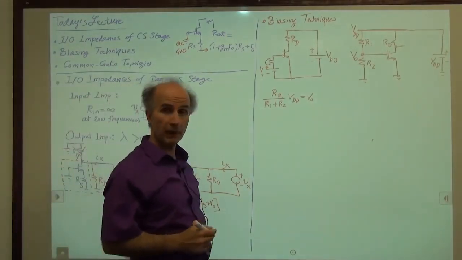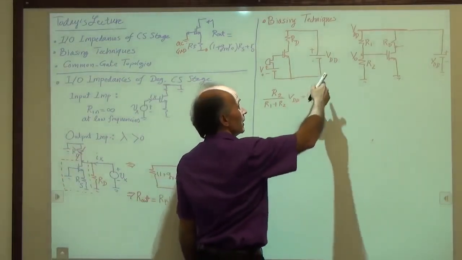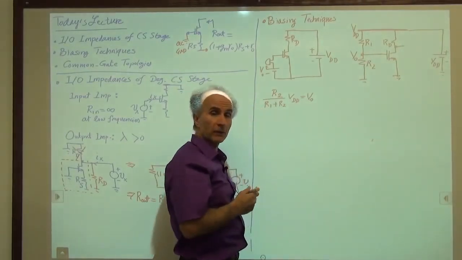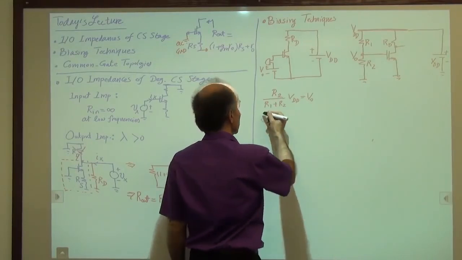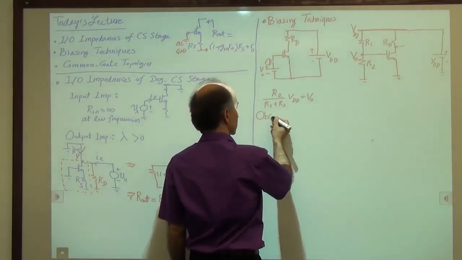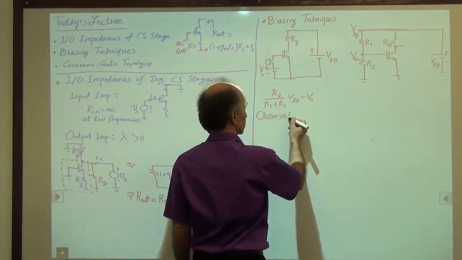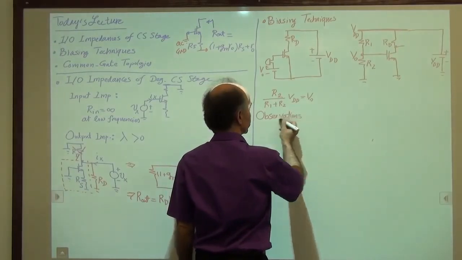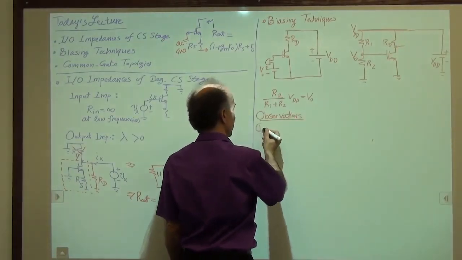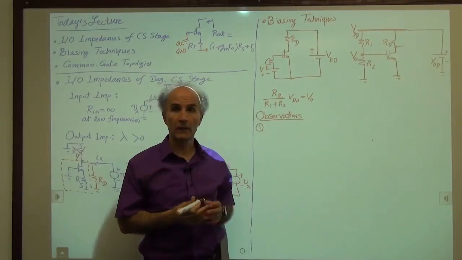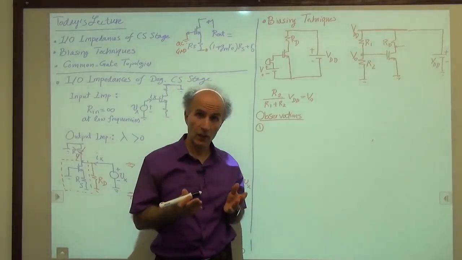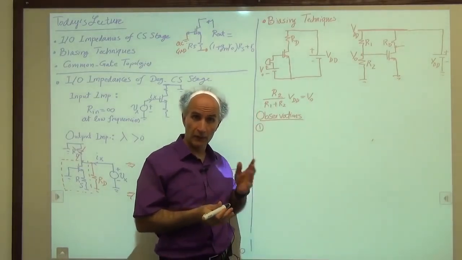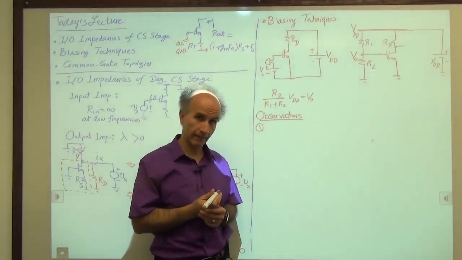So let me make some observations to show you what we need to worry about now that we are biasing the circuit. All right, so observations. Number one, let's find the input impedance of the common source stage with this resistive divider biasing it.